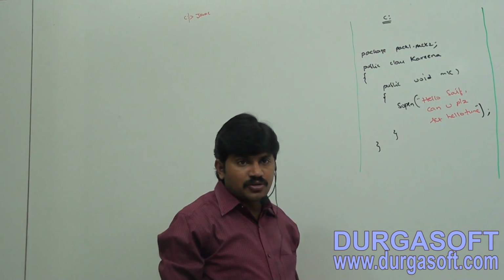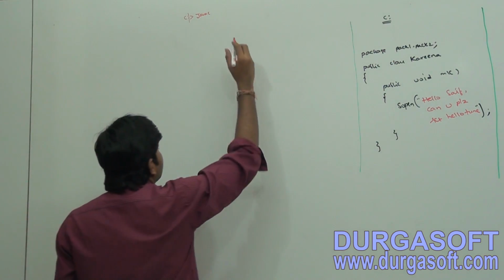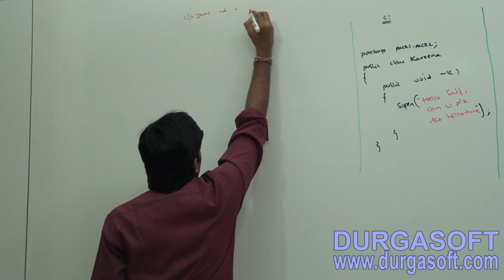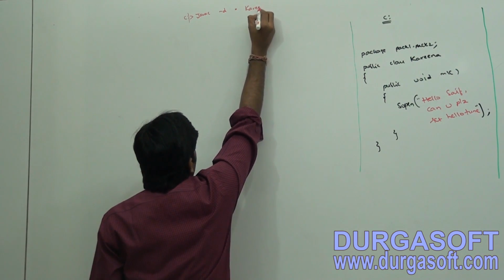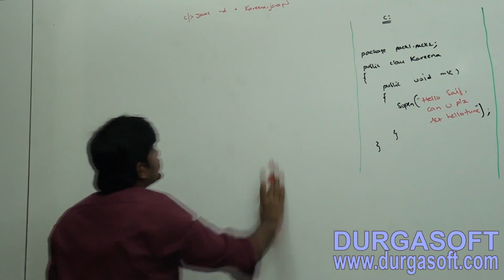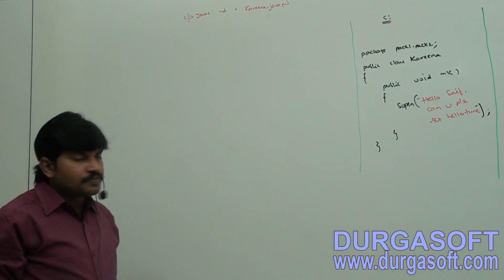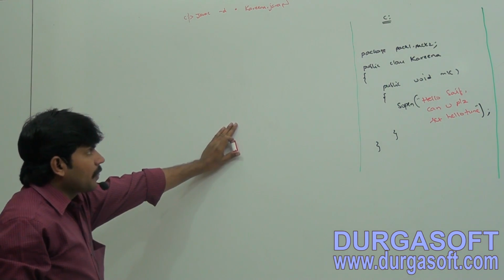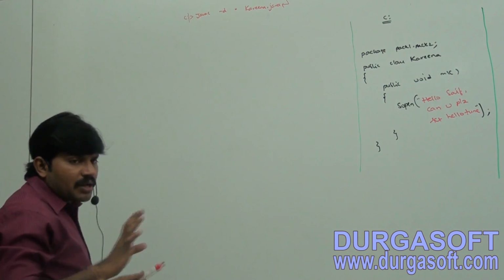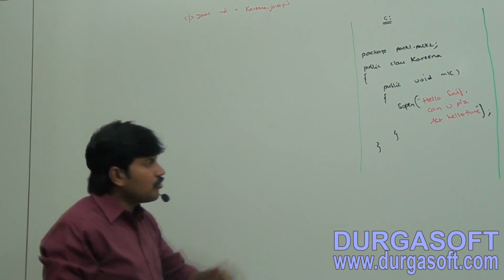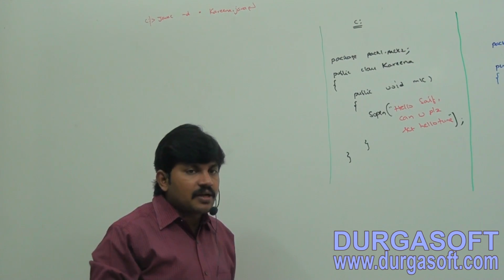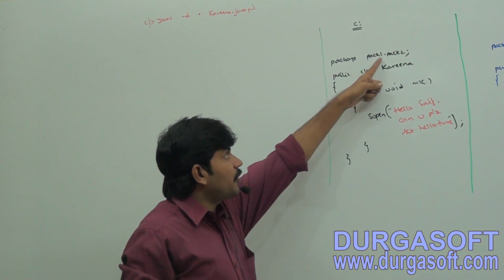Because the package statement is also there: javac -d . Karina.java. Is it going to compile or not? Yes, because no dependency. Now the Karina.class file will be generated and placed in the corresponding package structure.